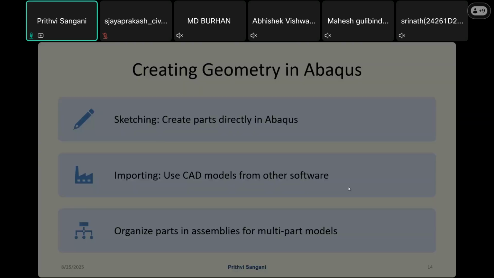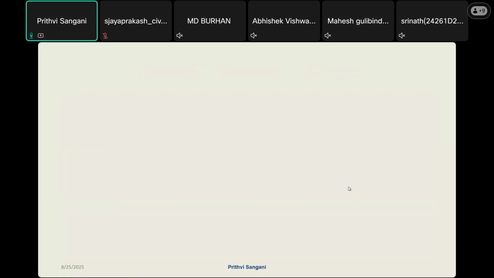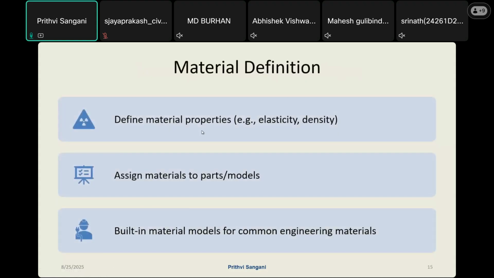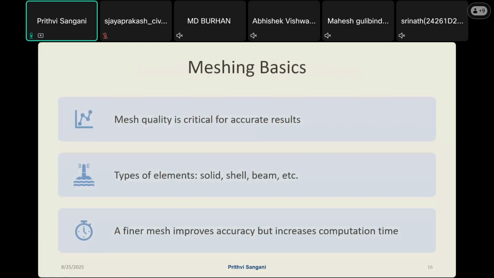Okay, so I'll just show one example where, see, again, this is the same repetition of what I mentioned. Material properties like elasticity, density, and all, assign materials to this model. Coming to material models, we can speak about this in the subsequent classes. So we'll be meshing it. Mesh quality is critical. Why is mesh quality critical? We'll do a simple example and we'll see why.